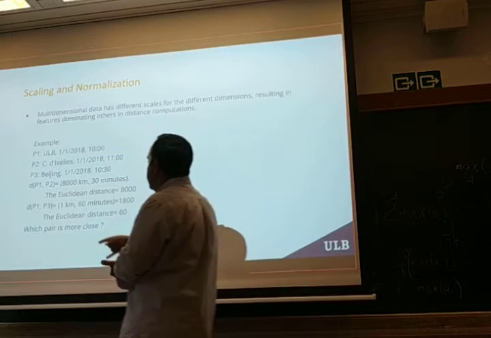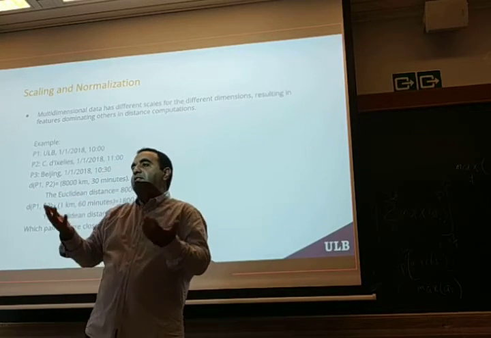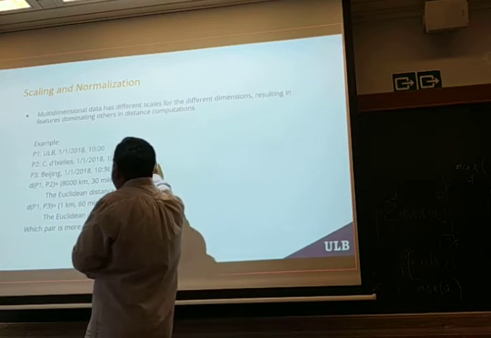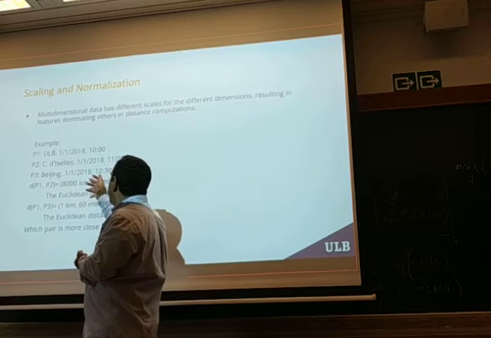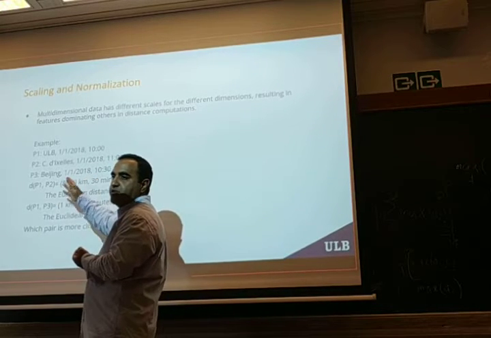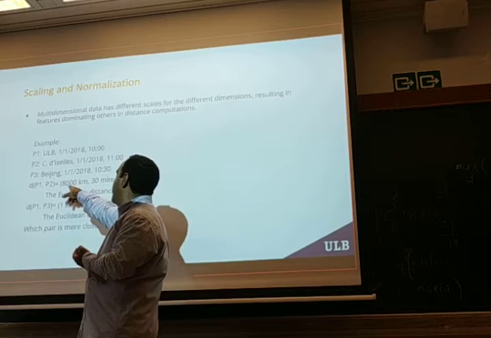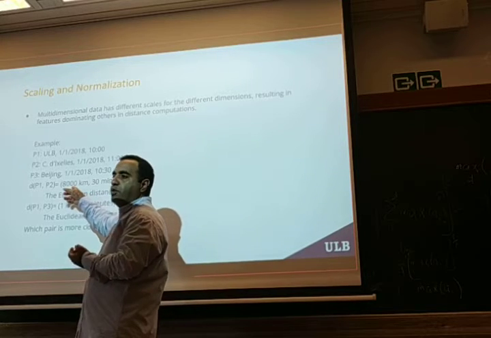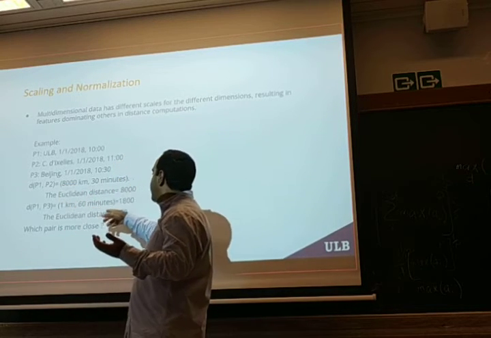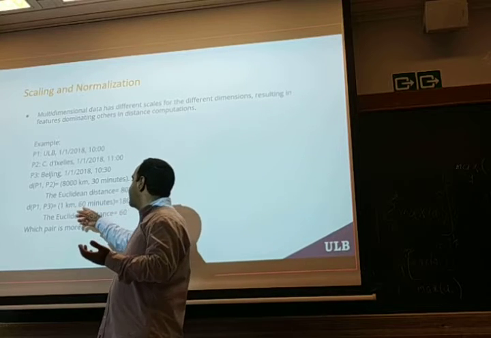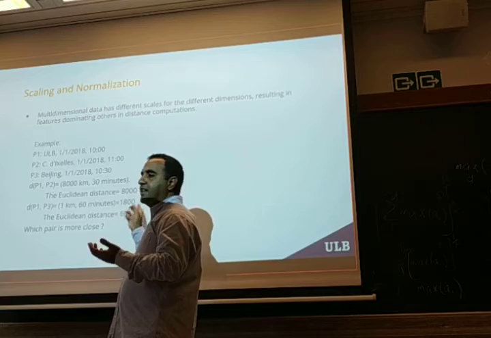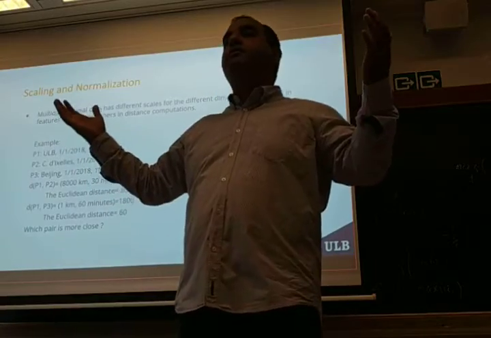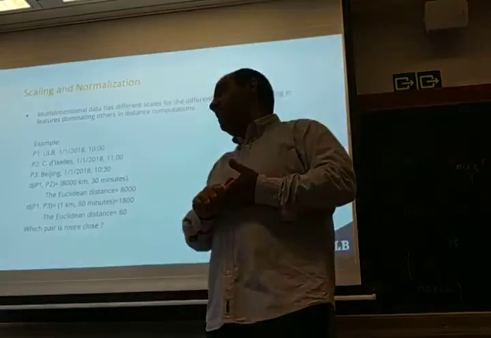If we do, we cannot really tell. If we directly do Euclidean distance, then we will square this one, we will square this one, sum, and take a square root, and the result will be 8,000 point, a very negligible fraction. So basically, this component is dominant. Similarly, here we have 1 kilometer and 60 minutes, so this one will be dominant. Yeah, so it's a feature in LP norm that the bigger component dominates the result.